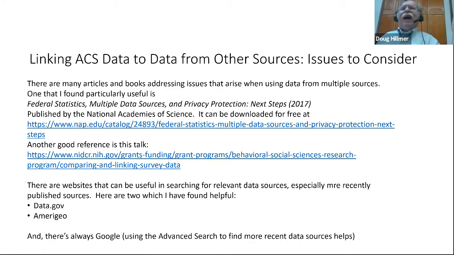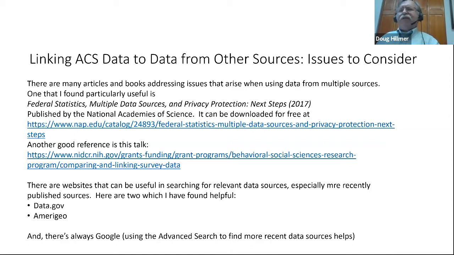So I have found these very valuable. One is from the National Academies of Science, a little book published in 2017, on multiple federal statistics, multiple data sources, and privacy protection. I found it to be very helpful. Another is a really interesting talk given by a physician, I believe, in Florida, about linking survey data together.